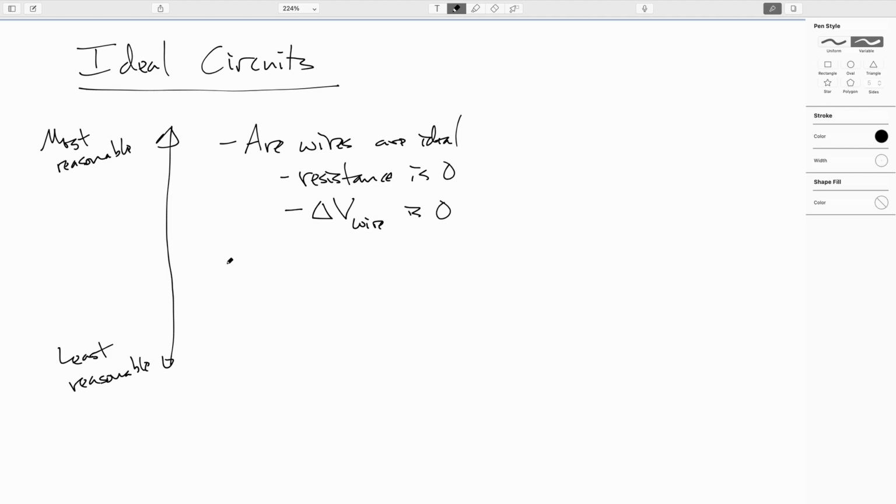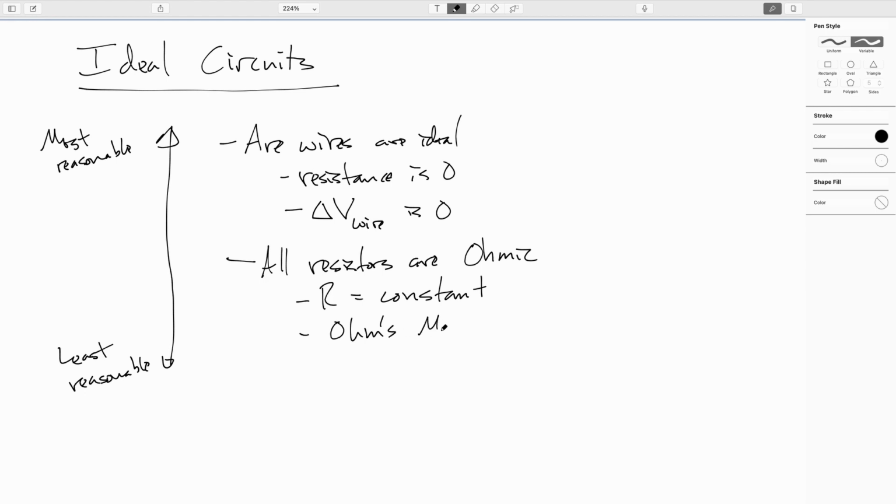Okay, so we're already getting to now a much dodgier assumption, and that is that all resistors are ohmic. So under this assumption, this means that we can treat the resistance as a constant, and that means that Ohm's model applies.